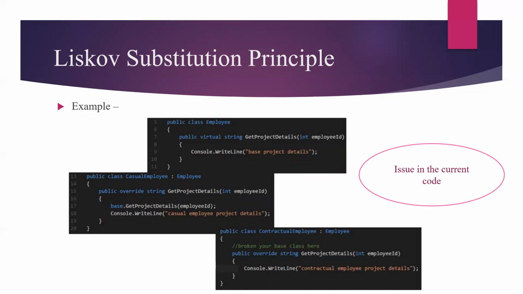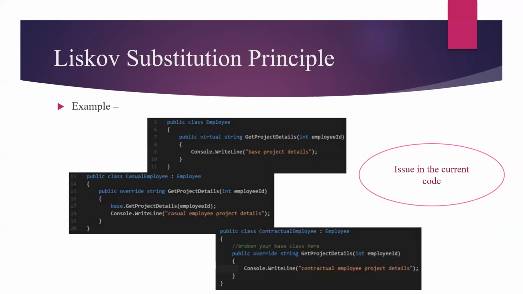Now in order for this class to serve the purpose of the base class by calling the GetProjectDetails method, it will not be able to do so, because the GetProjectDetails in the ContractualEmployee class is just printing a statement which says contractual employee project details. There is no provision for us to use this ContractualEmployee child class instead of our base class.